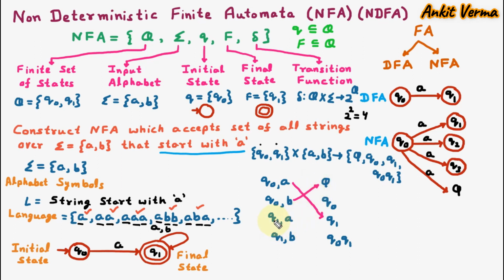Next is Q1A. That means we are on state Q1 and A is coming. So we are coming back to Q1. So for this I am putting towards Q1. Next is Q1B. So I am on Q1, and if B is coming, we are coming back to Q1. So here arrow is going towards Q1. This is the transition. Now I am going to create the transition table from this transition function.